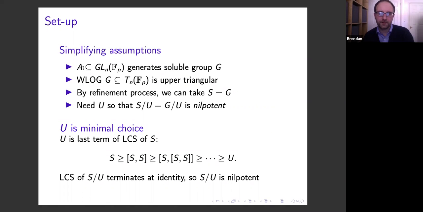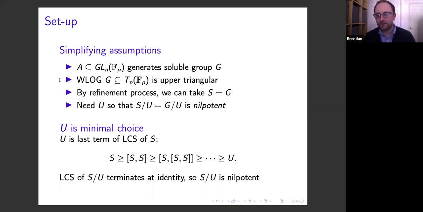We have a subset A of the general linear group over F_p, and it generates a soluble group. We can assume that the group it generates is upper triangular, either by passing to an extension or increasing the dimension, but let's just assume that A generates some subgroup of the upper triangular group. And so therefore the group it generates is soluble.